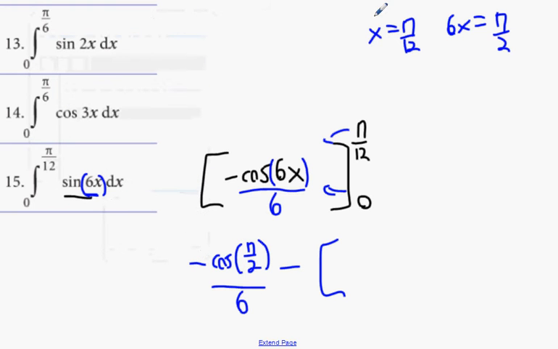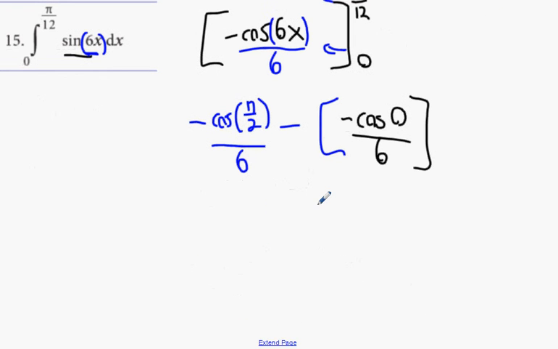Now, what we have next is minus cos 0. 6 times 0 is 0, all over 6. And then what we're simply going to have is minus cos 0 is 1, minus 1/6, which is going to get us plus 1/6. Okay, quite an easy question.